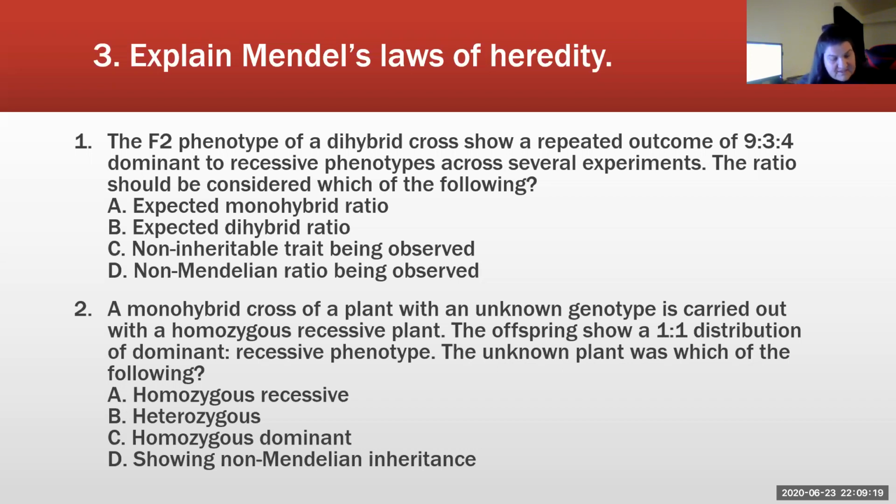A homozygous dominant plant would produce all dominant gametes, and when crossed with a homozygous recessive plant, would produce heterozygous offspring with a dominant phenotype. And a monohybrid 3-to-1 ratio is only applicable to the F2 offspring of a heterozygous self-cross, so that has nothing to do with this.